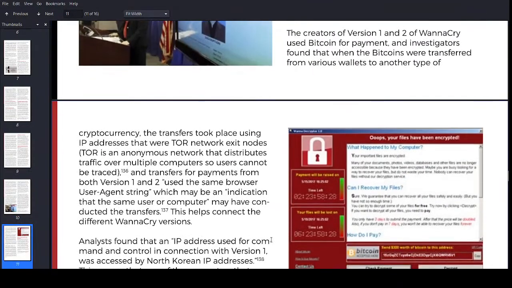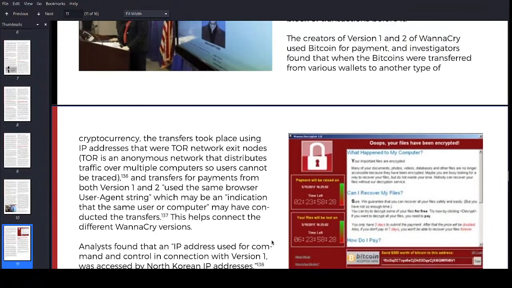The group of creators of version 1 and 2 of WannaCry used Bitcoin, and investigators found that when the Bitcoins were transferred from various wallets to another type of cryptocurrency, the transfers took place using IP addresses that were Tor network exit nodes.